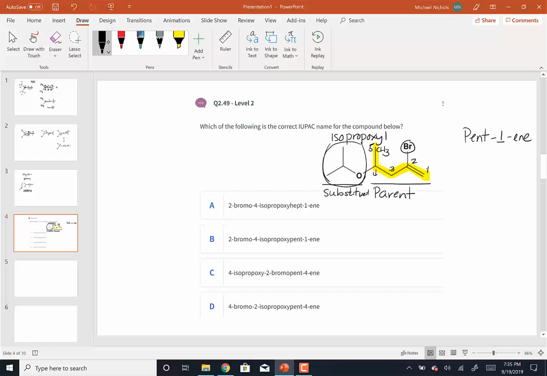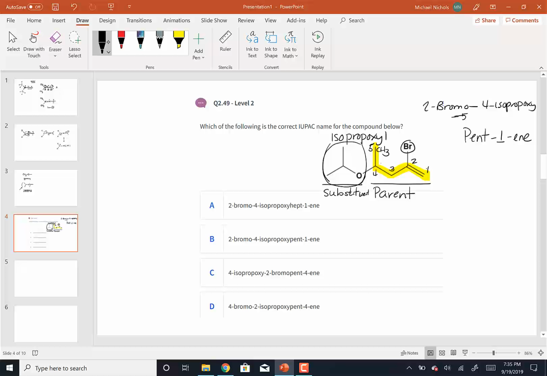And so now I'm just going to go ahead and alphabetize and get my list of substituents along with where they're attached. And I'm treating the isopropoxy as a methyl or a bromo. So it's going to be a 2-bromo, 4-isopropoxy, and then 5, whoop, you know what?